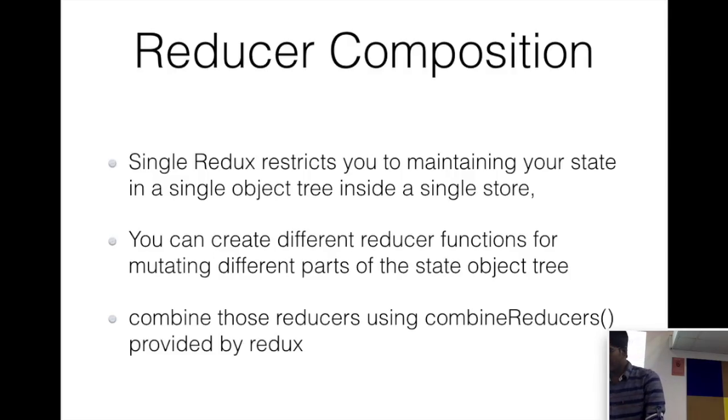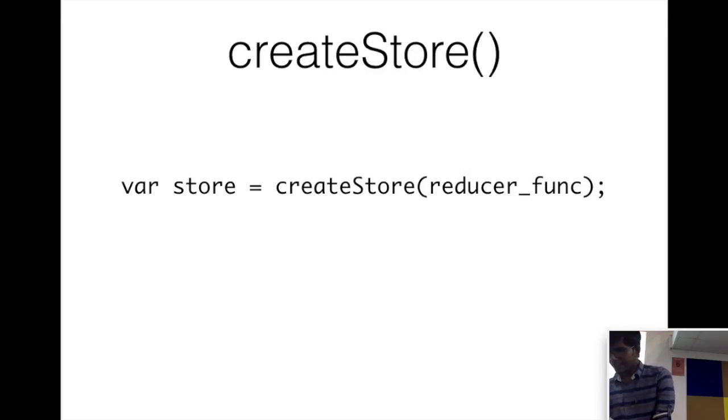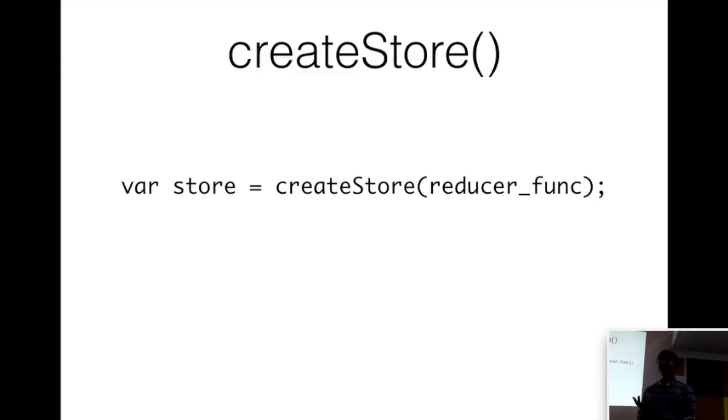So, okay, before going to reducer composition, since there is a constraint that you have to use only one store and your entire application state should be in a single object tree, it makes your reducer function really long, if you have to do it the Redux way.